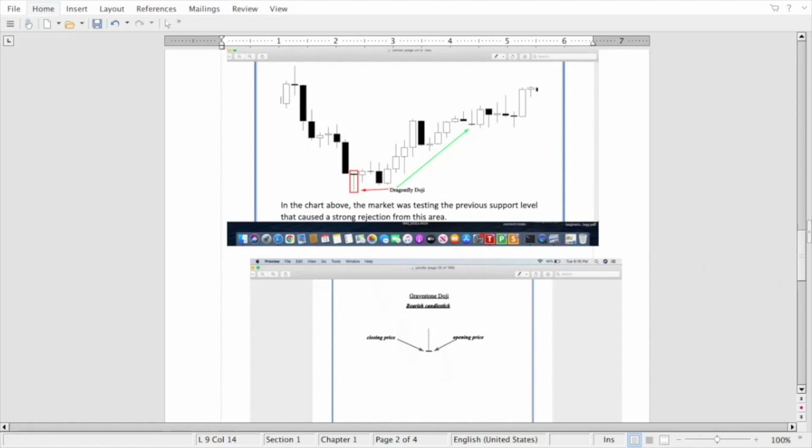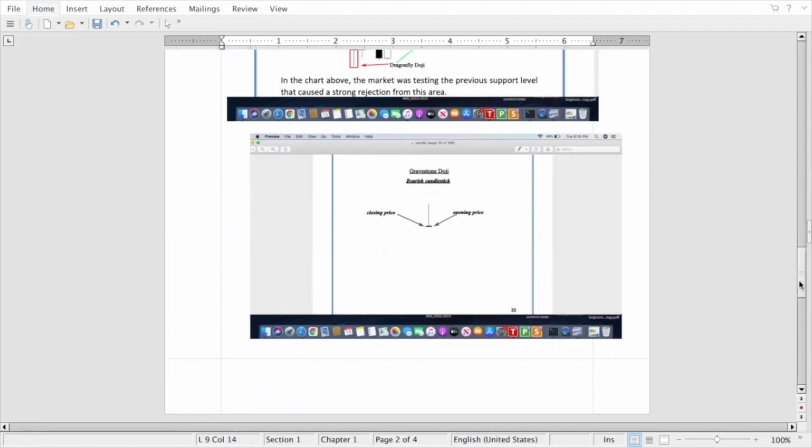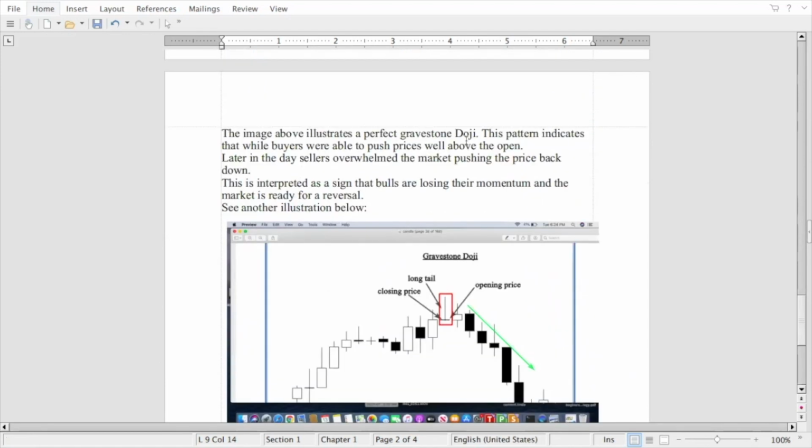And then as we continue, this is the opposite of the dragonfly: the gravestone doji. The image above illustrates a perfect gravestone doji.